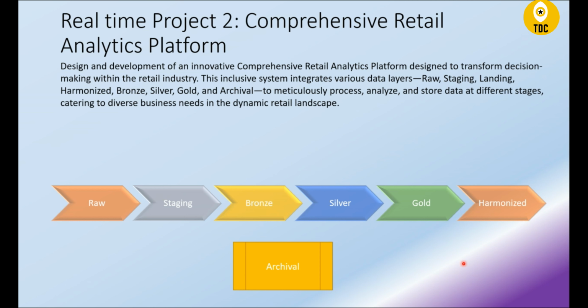And finally, the harmonized layer is again an optional layer, where it can be used to represent products, customer details, and transaction details that can be used across different retail projects or different retail analytical platforms by standardizing the data into organization or enterprise standards.